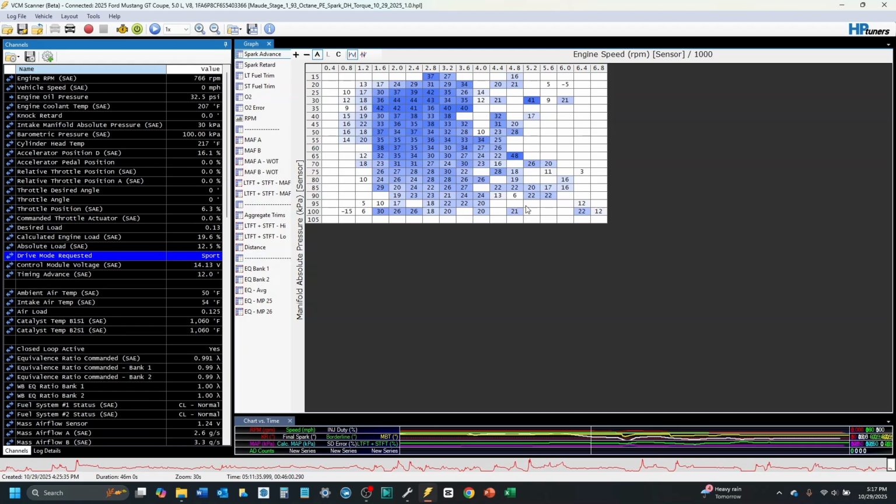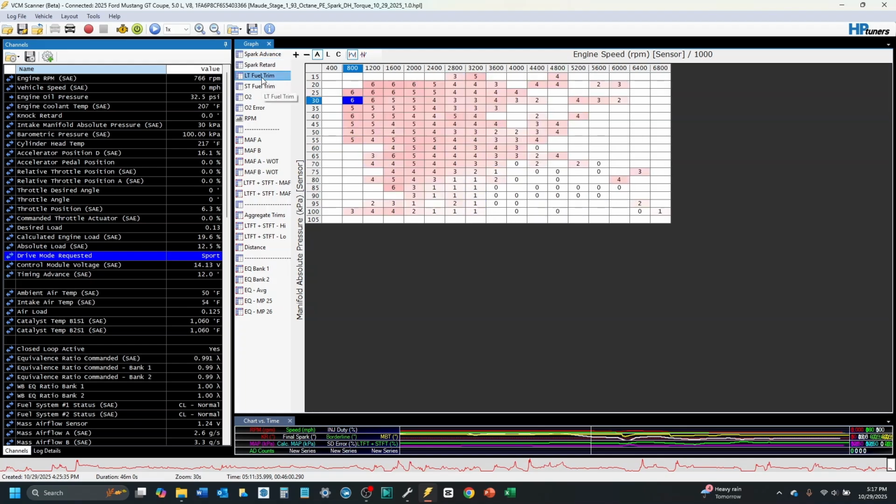Anyway, let's begin by looking at the long terms. From the summer tune to now, you can see that consistently I'm lean across the board, especially down low. Up top, not so much. That's a good thing, but those are probably little itty bitty counts.